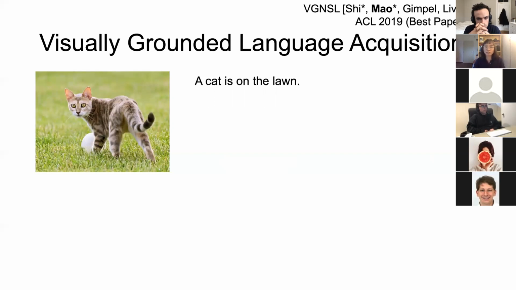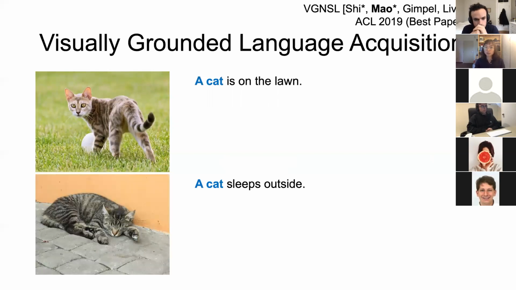Why is that? We argue here that two of the most important characteristics of natural language are its groundedness and also the compositionality. How can we see that? This could be seen if we have a pair of contrastive images and their corresponding captions.